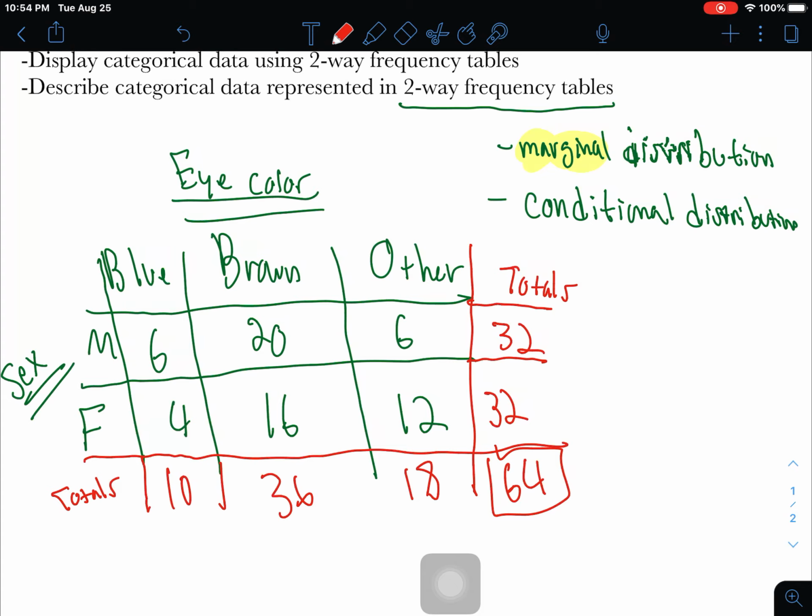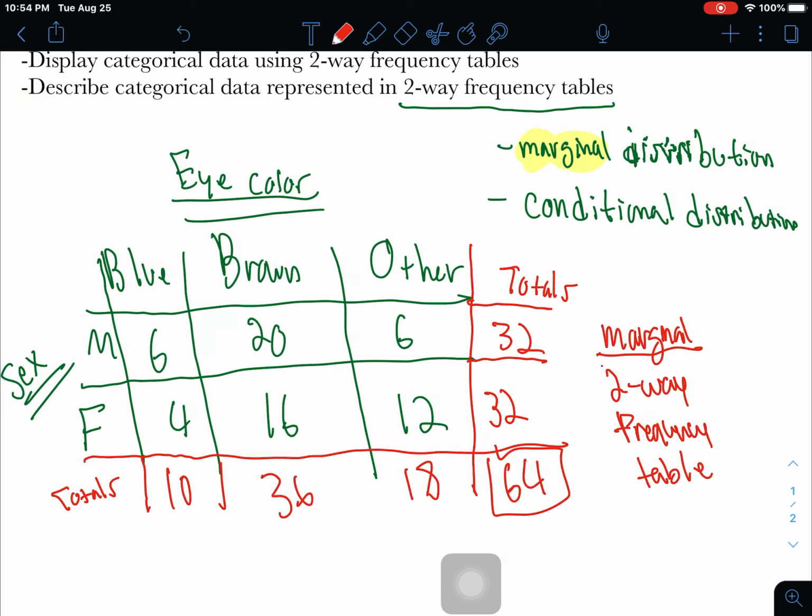So now that I added this extra column of totals and this extra row of totals, now this is a marginal two-way frequency table. Okay, so that word marginal, think of the margins, the outside.